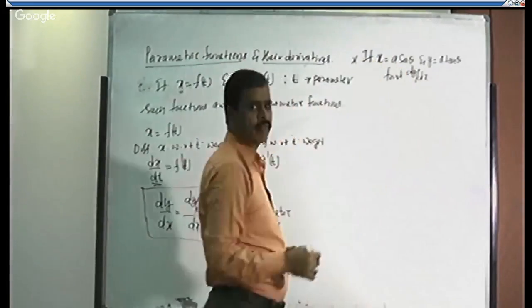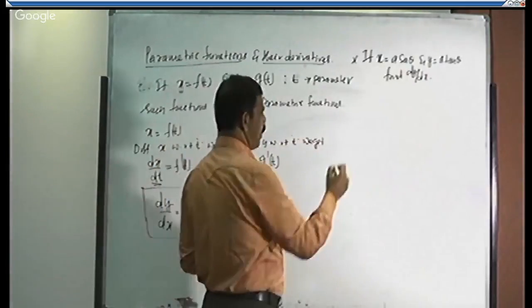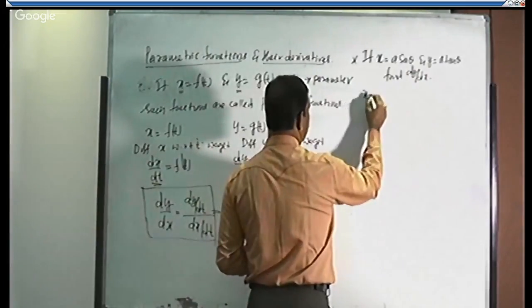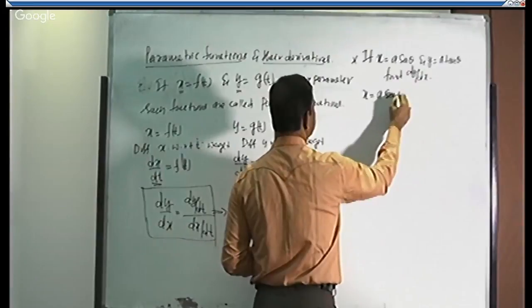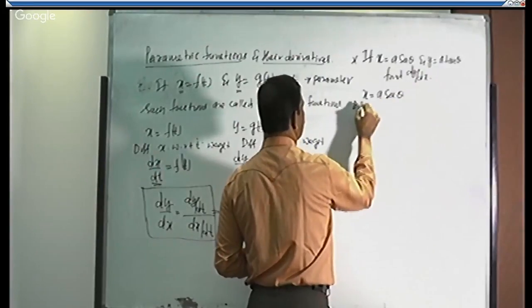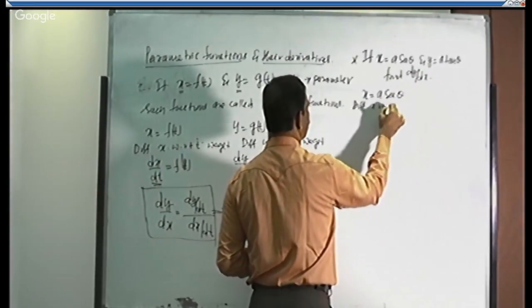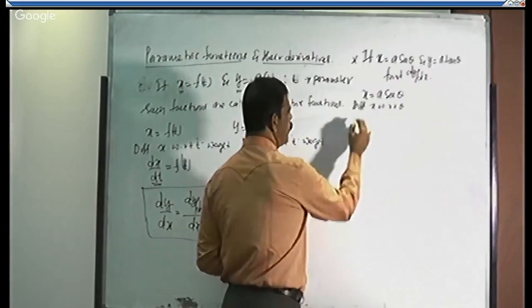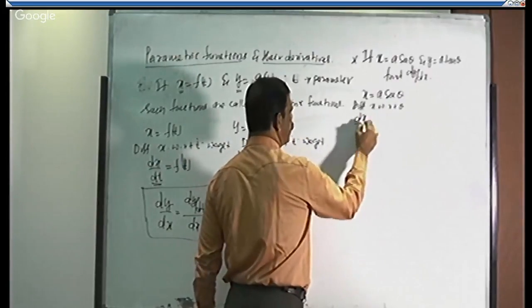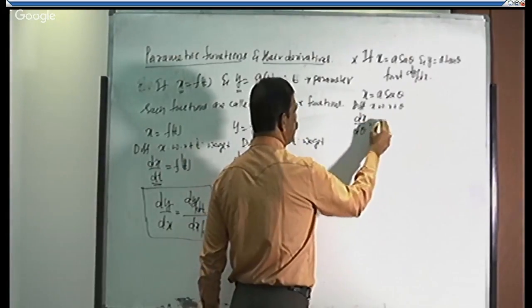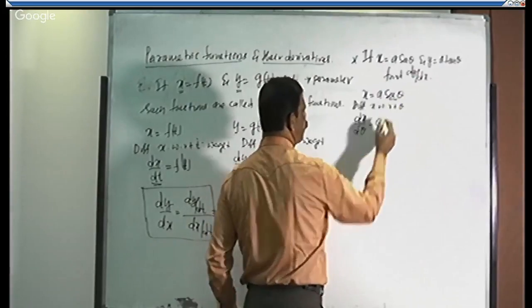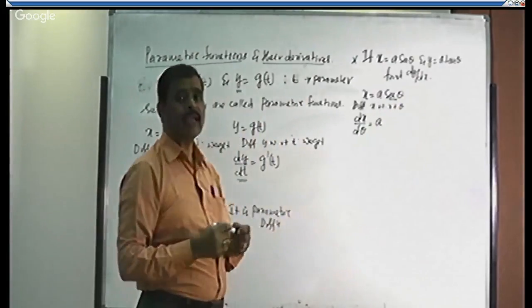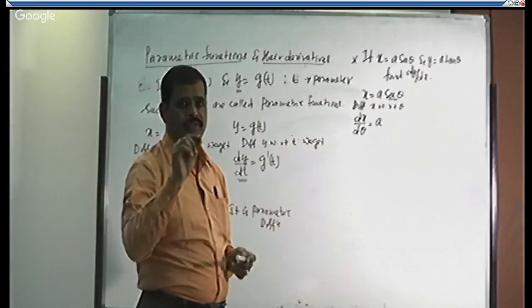I've taken a simple example. Take x, which is a secant theta. Differentiate x with respect to theta. We will get dx by d theta.